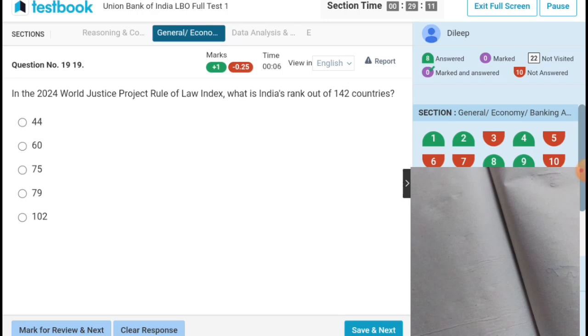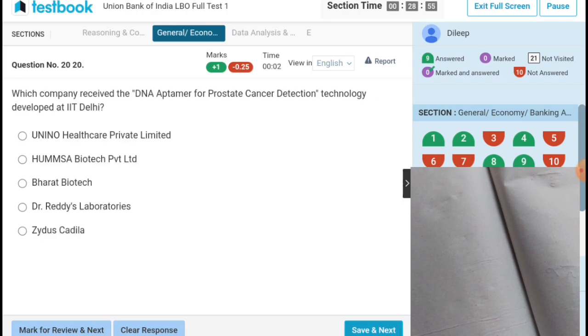India rank is 44, I think, or in 2024 World Justice Project Rule of Law Index, what is India's rank out of 142 countries? I think 102 or 79. Which company received, I think Reddy's Laboratory.